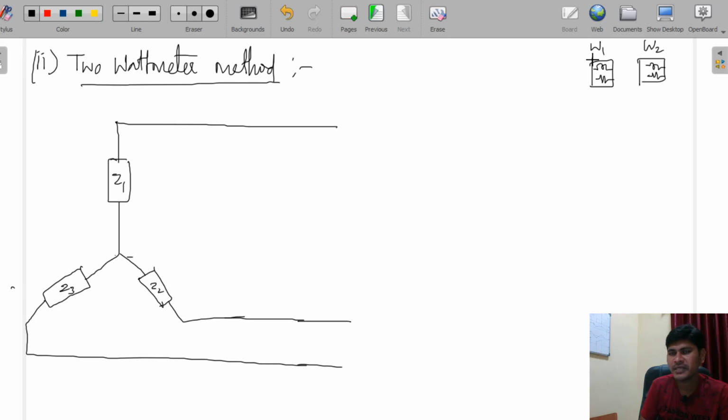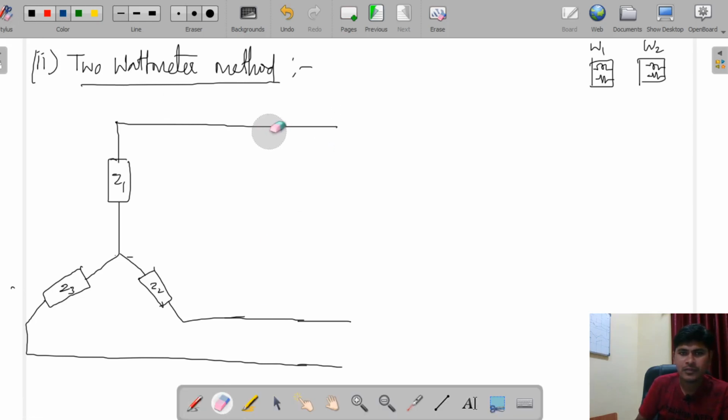Let me place the current coil of wattmeter 1 in line R. Let me place the current coil of wattmeter 2 in line B. This is line R, line Y, line B.